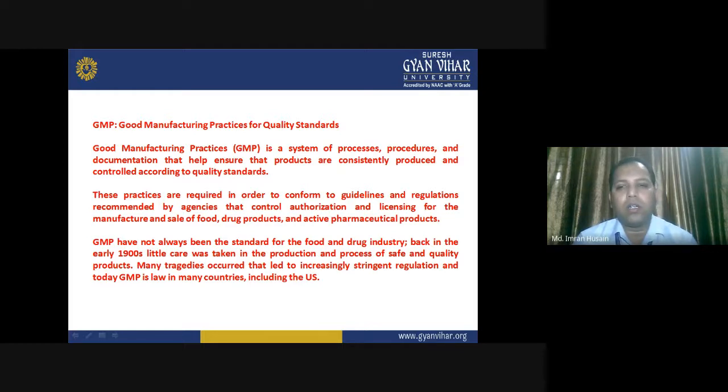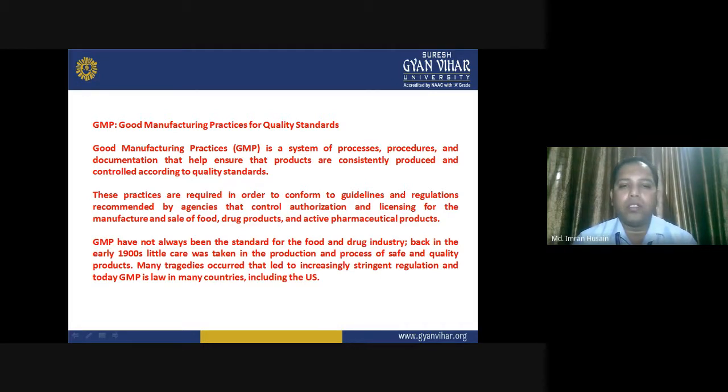So there are regulations and guidelines regarding what type of product will be manufactured according to what type of methods, and what are the steps that are essentially taken for the manufacturing of that very particular product. Licensing for the manufacture and sale of food, drug products, and active pharmaceutical products.